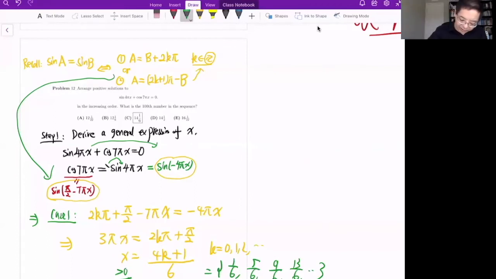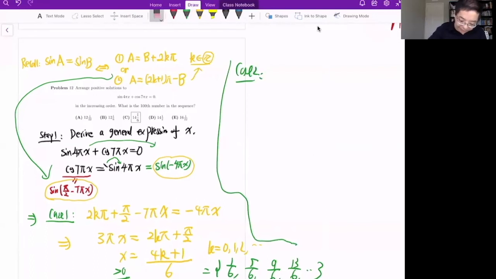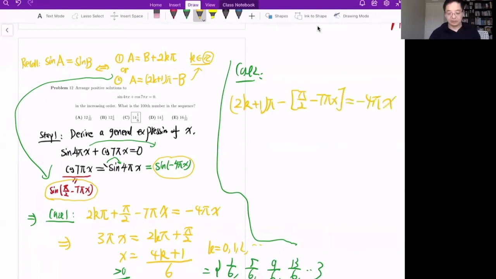Now let's look at case 2. Case 2, I should have (2k plus 1) pi minus (pi over 2 minus 7 pi x) equals negative 4 pi x, right?